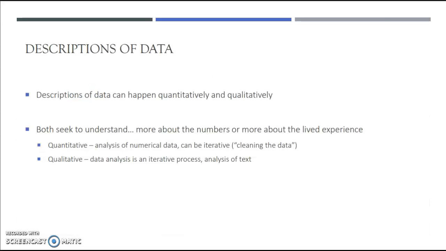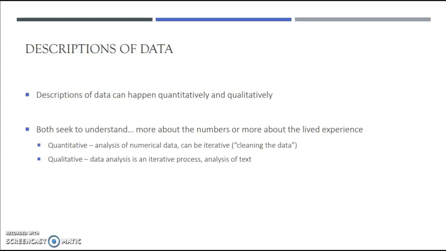So first things first, remember that when we are talking about data, there's lots of different types of data available to us. But at the end of the day, the purpose of all data is for us to understand. We want to understand a story. We want to understand lived experience. We want to understand need. All of those considerations will come into play when we're looking at data.